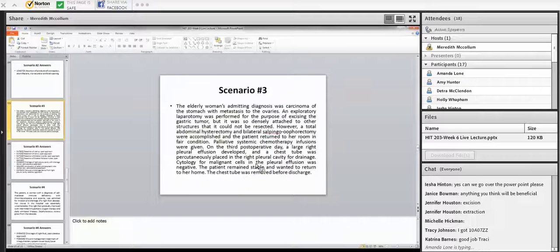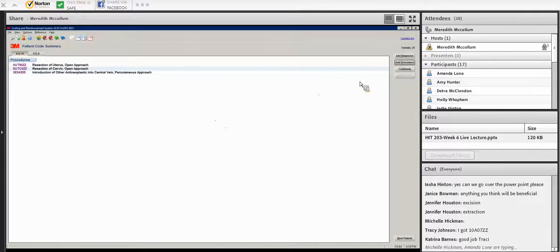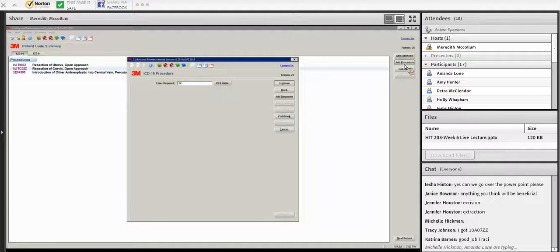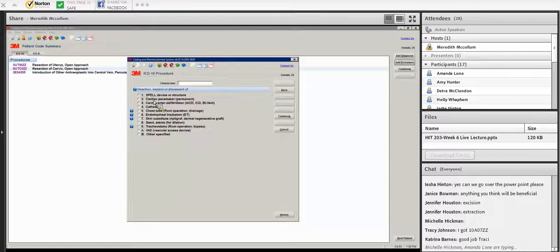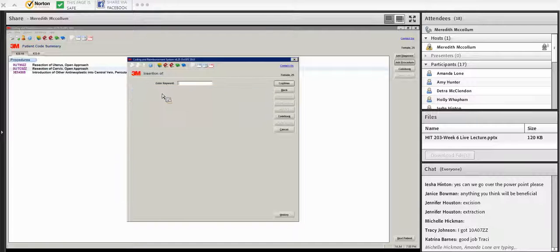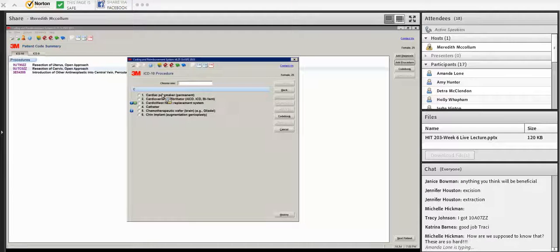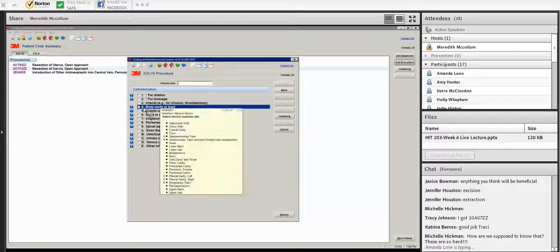No, that's where you have to have more detailed information. And then we have a chest tube that was placed. So insertion of, let's say, chest tube. That's not going to go that way. So I'll do catheter. Let's see if that works.